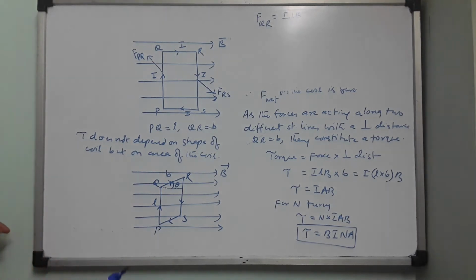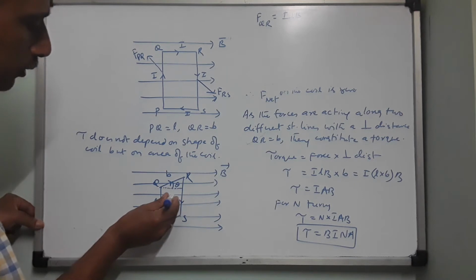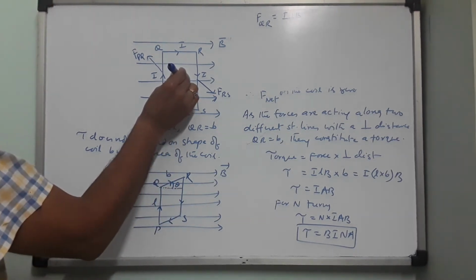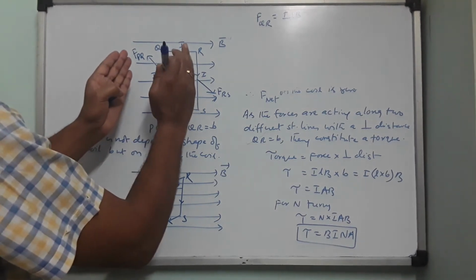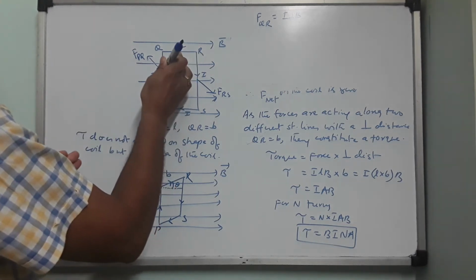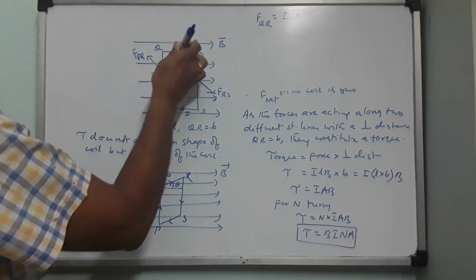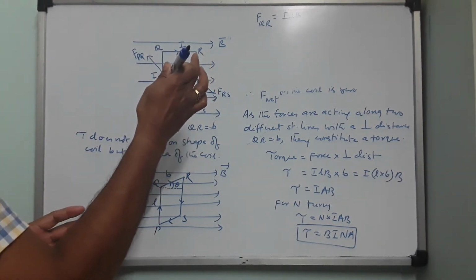But what about the normal? If you draw a normal, it will be like this. Earlier the normal is like this, which makes an angle of what? 90 degree. Now what will happen? The coil will turn into the plane of the board. Therefore this pen also will turn like this. If QR turns through theta angle, this will turn through 90 minus theta.